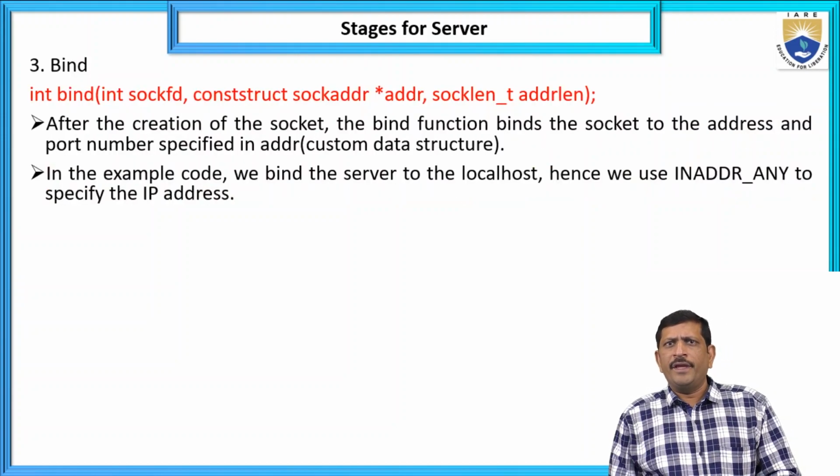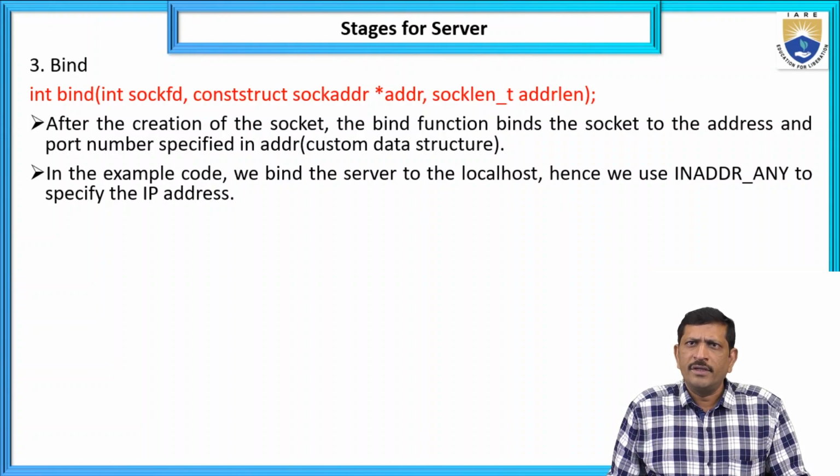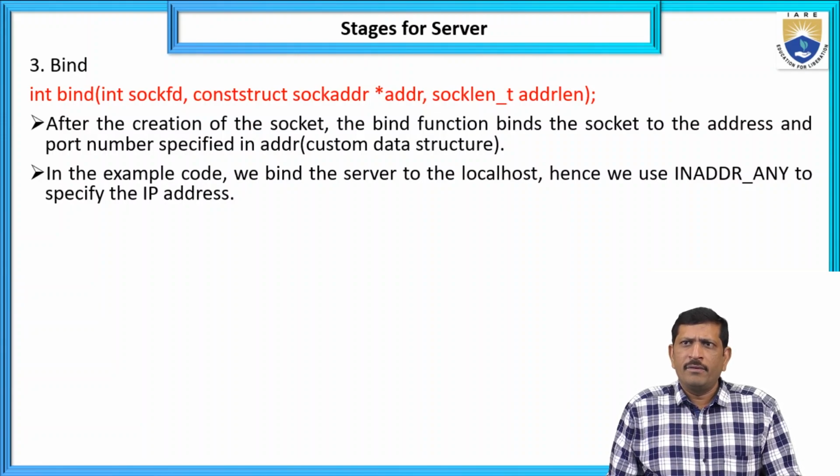Next, bind: int bind(int sockfd, const struct sockaddr *addr, socklen_t addrlen). After the creation of the socket, the bind function binds the socket to the address and port specified in the addr data structure, binding both the address and port number. With the help of this address and port number, we can establish the communication.